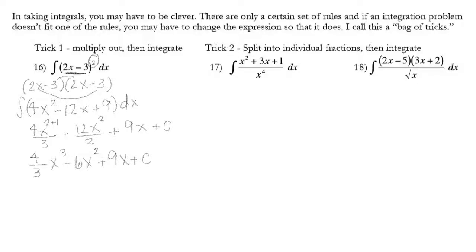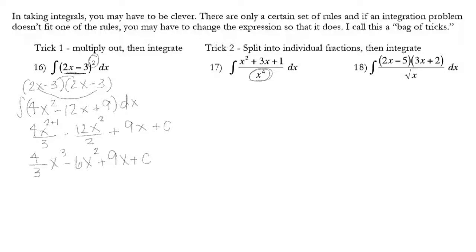For 17, here's a great example of remembering your exponent rules and dividing this up and putting each term over the denominator, and this only works if you have one term in the denominator. It would not work if you have more than one term. If you were adding or subtracting something in the denominator, don't try this because you're just going to make a mess of things.